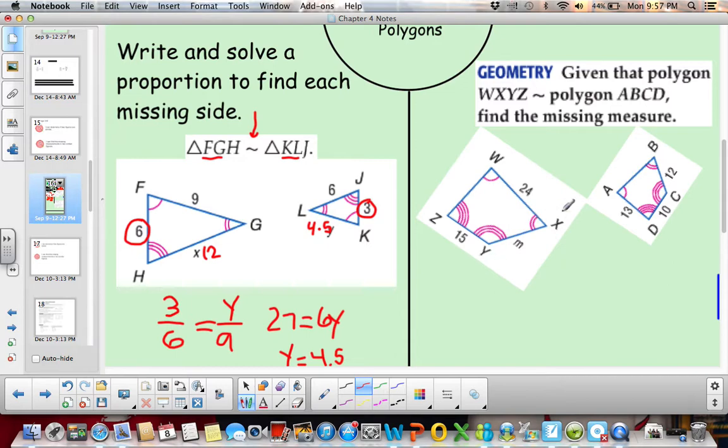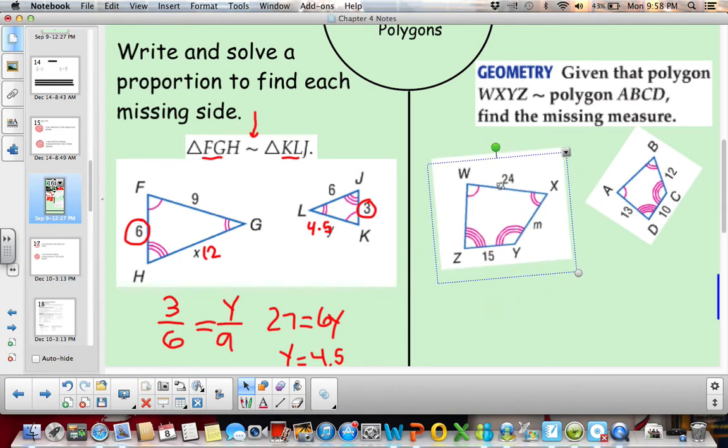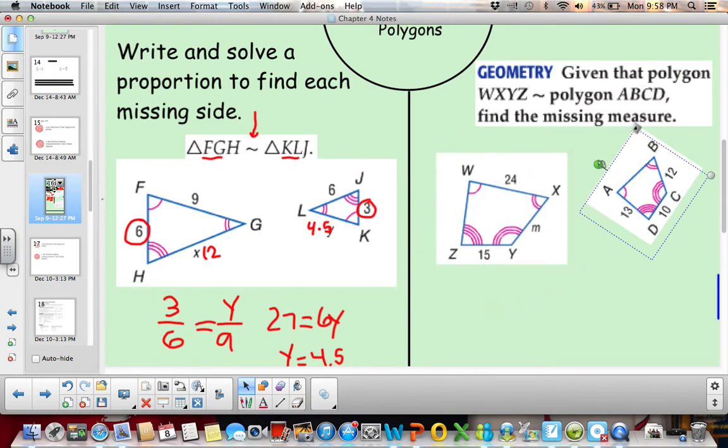So looking at our polygons, we have WXYZ and ABCD. And we're told that they are similar. So what we're going to do, I'm actually going to turn these to make this a little bit easier.